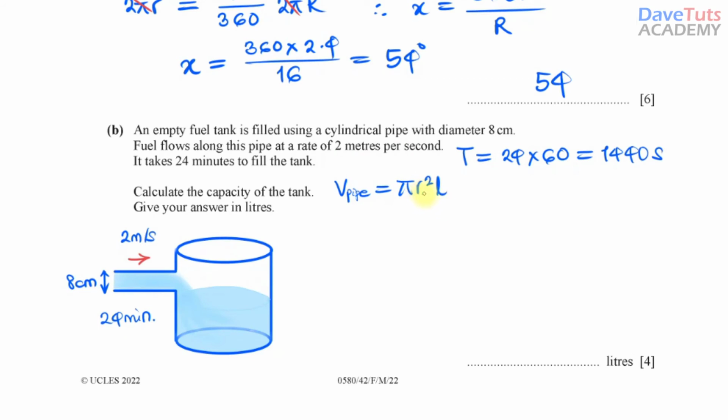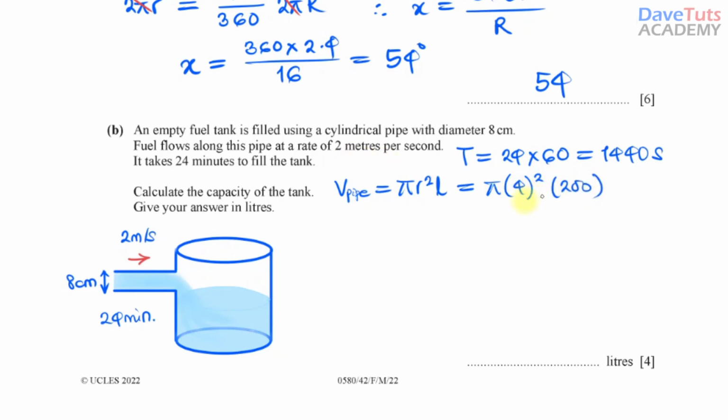Now that r will be half of 8 centimeters, which will be 4. Then that meters per second we should take to centimeters. So what we're having here is pi multiplied by the radius, 4 raised to the power 2, multiplied by L. That L will now need to be 200 centimeters instead of 2 meters.